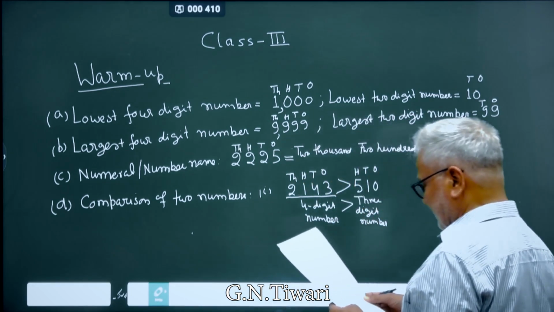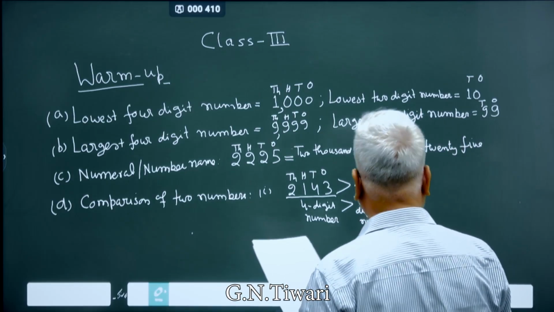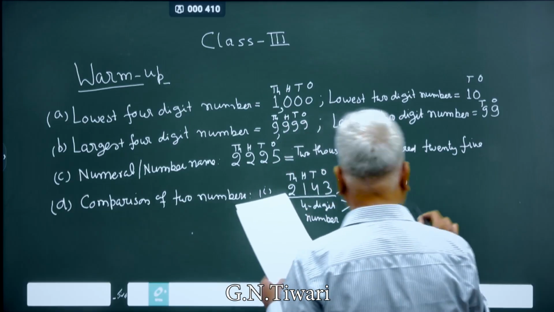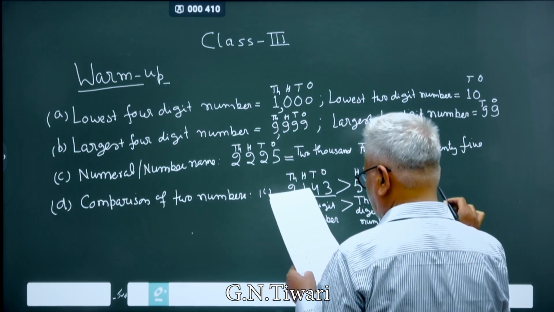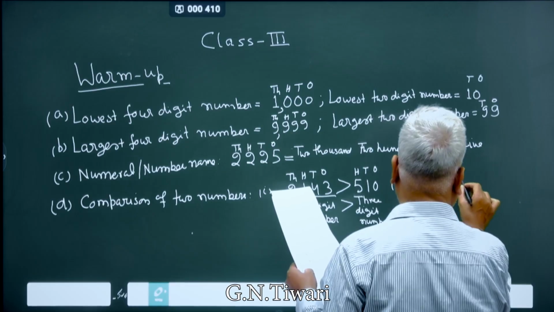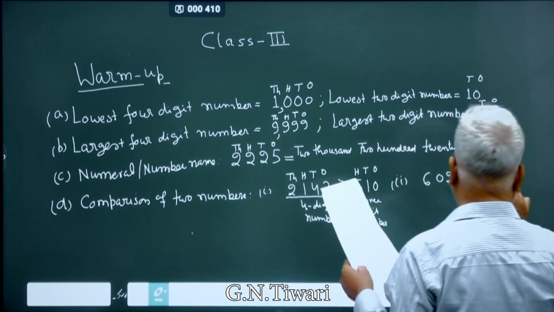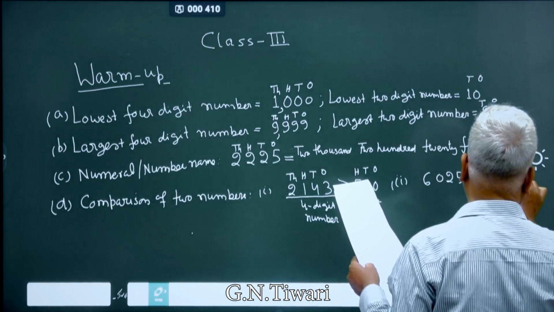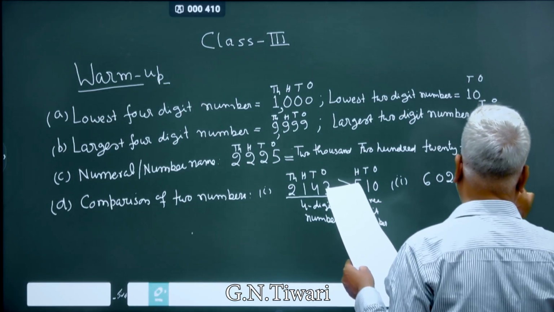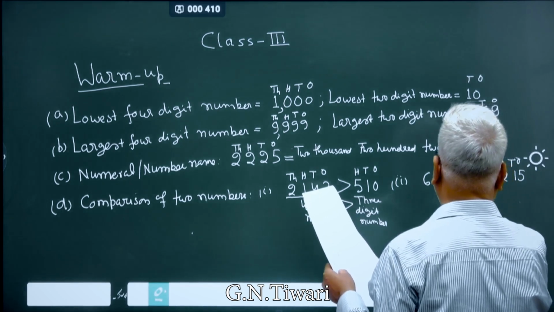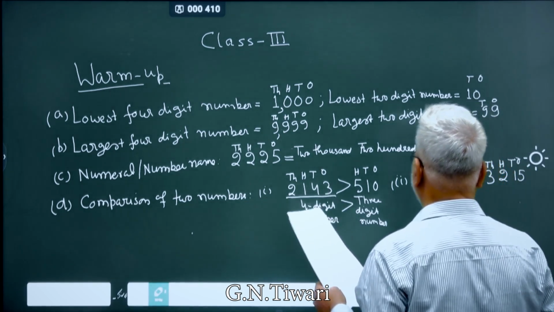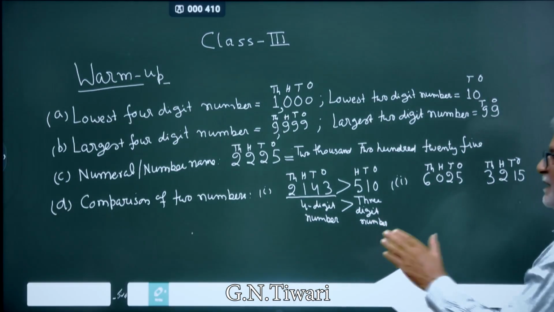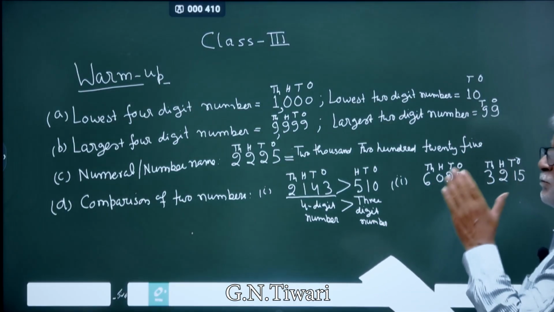And I am taking another example. Suppose, take the same number 6025 and another is 3215, with O T H T H. For that, if it is a 4-digit number, first compare the 4th digit.